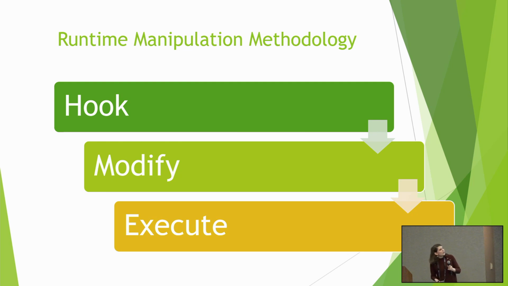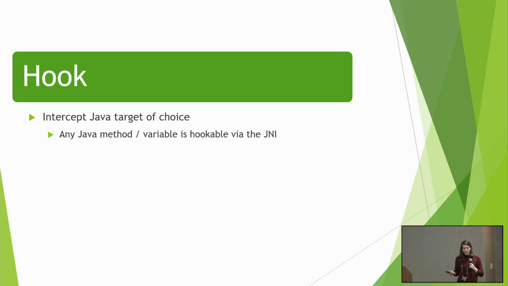So we're going to be following this three-step process while we're actually modifying the runtime. First is going to be hook, then modify, then execute. What we want to do when we're hooking is remember that top-level framework. That's going to be our Java framework. So we want to pick a target Java method, variable, or class that we think is interesting based on reading the Android source code, and we think contains important data that we would like to manipulate and modify.